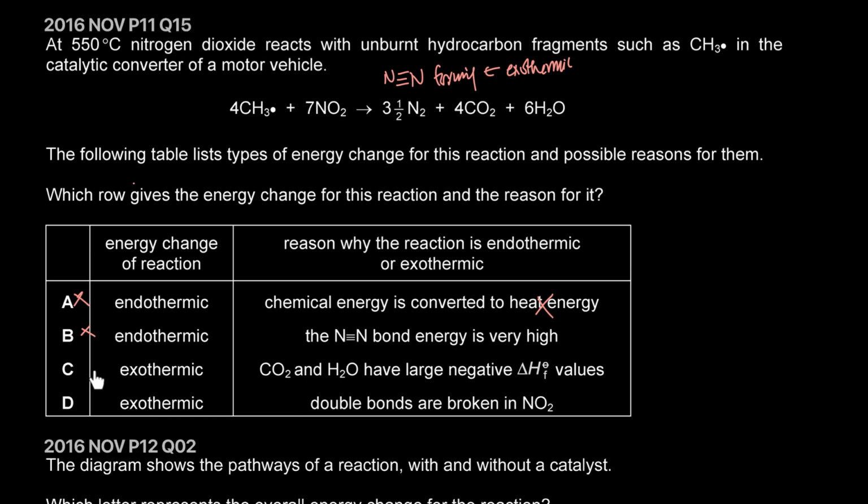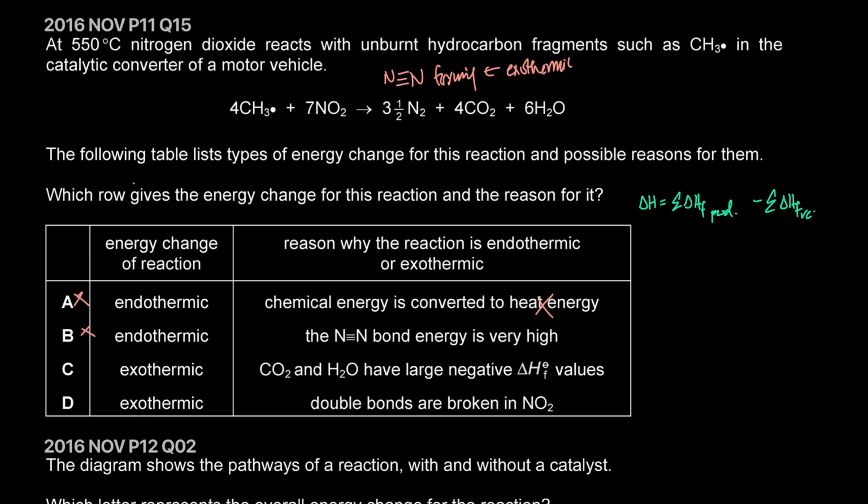The third reason given to us is that the reaction is exothermic, and it says that the carbon dioxide and H2O have large negative enthalpy change of formation values. Now, the enthalpy change of a reaction in terms of enthalpy changes of formation is the enthalpy change of formation of products minus the enthalpy change of formation of reactants.